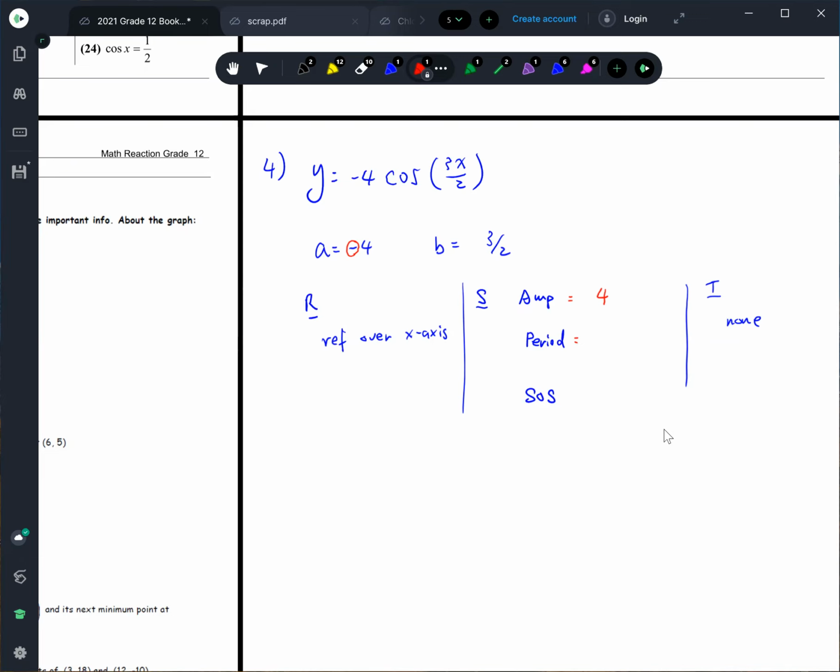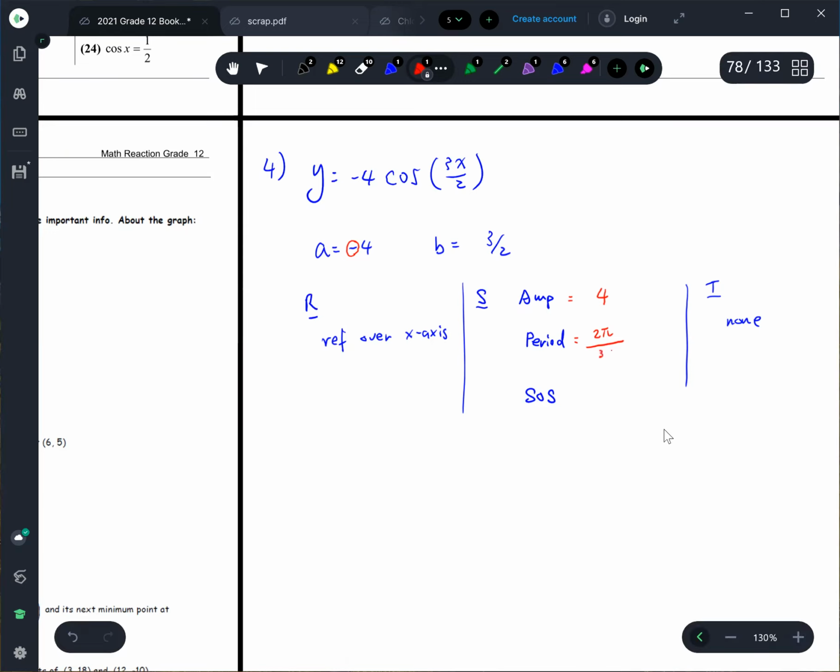Callum, what's the period for this question? 4 pi divided by, no, times it by 2/3. You need to take 2 pi, not 4 pi, 2 pi divided by the B. What's the B? 3/2.